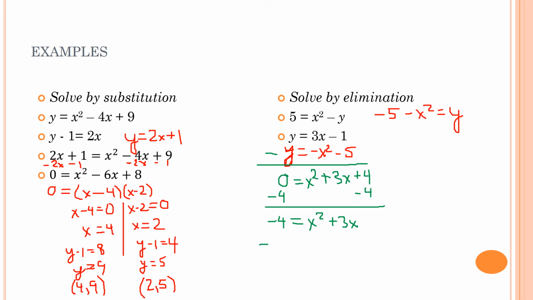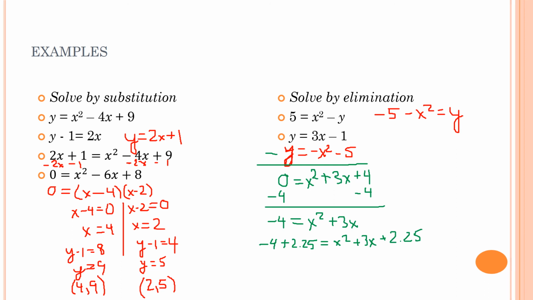So now I have -4 plus 2.25 equals x squared plus 3x plus 2.25.